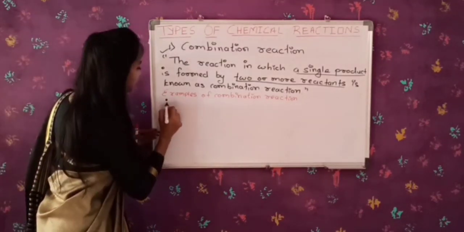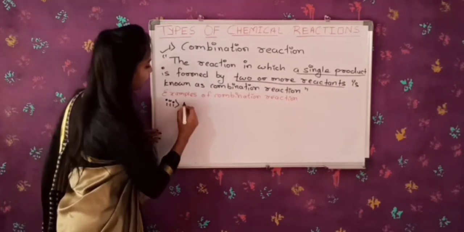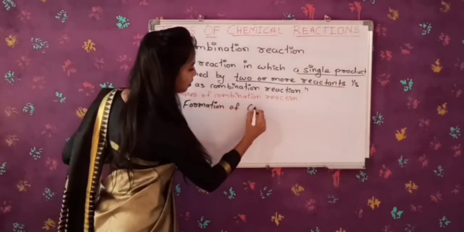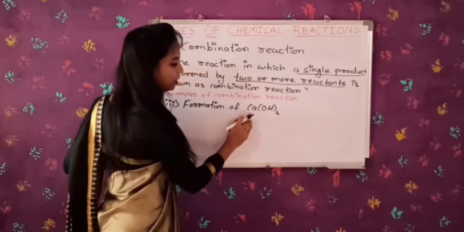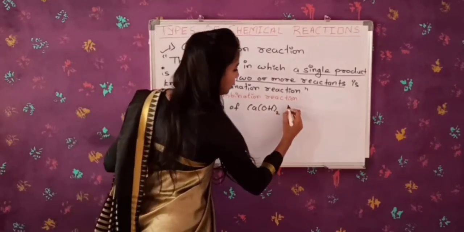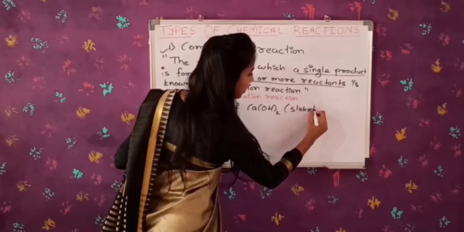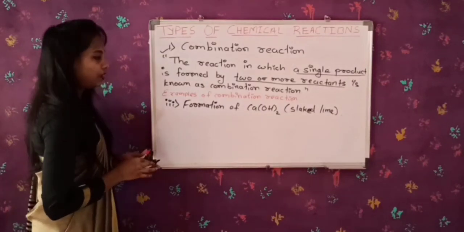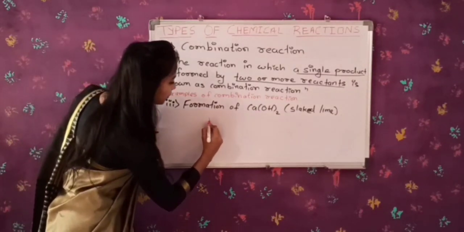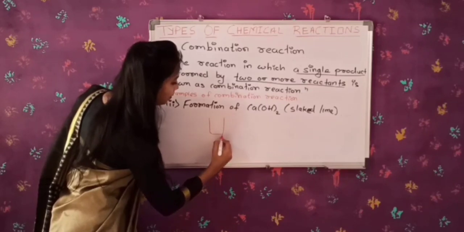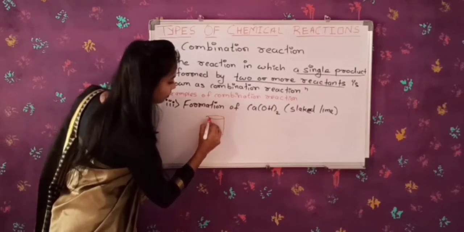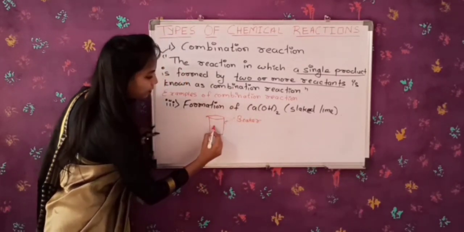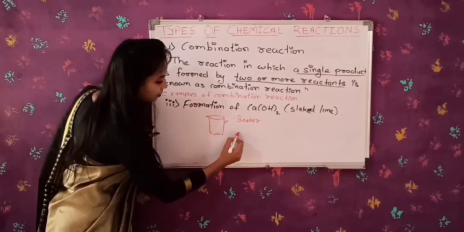Another example, third one, it includes activity which is formation of Ca(OH)2. It is known as calcium hydroxide and its common name is slaked lime. Okay, so what we have to do in this activity: take a beaker, then add some water into the beaker.